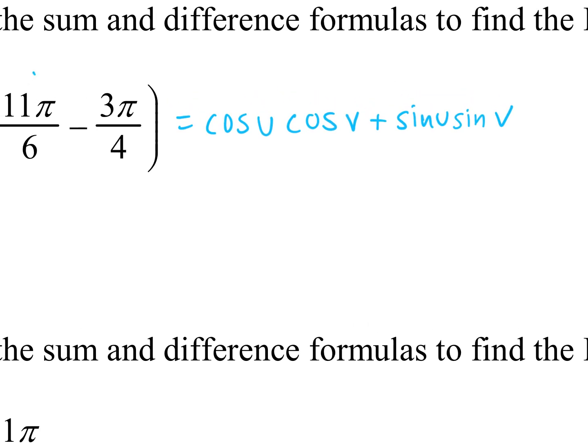And we can just make our first one u and the second one v and plug them in. So my formula would be cosine of 11 pi over 6 times cosine of 3 pi over 4 plus sine of 11 pi over 6 times sine of 3 pi over 4.